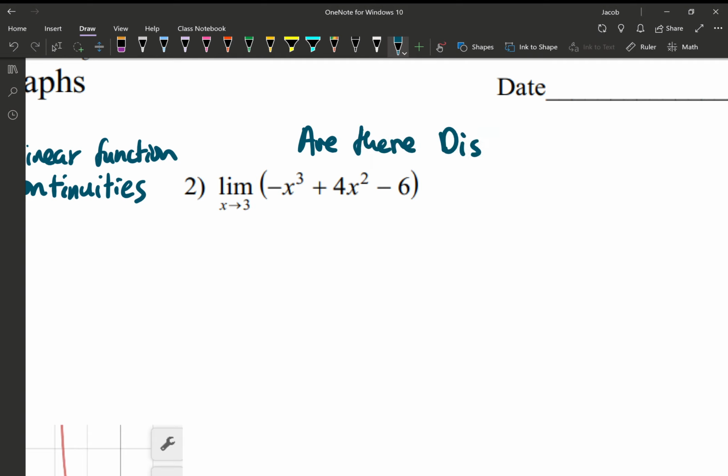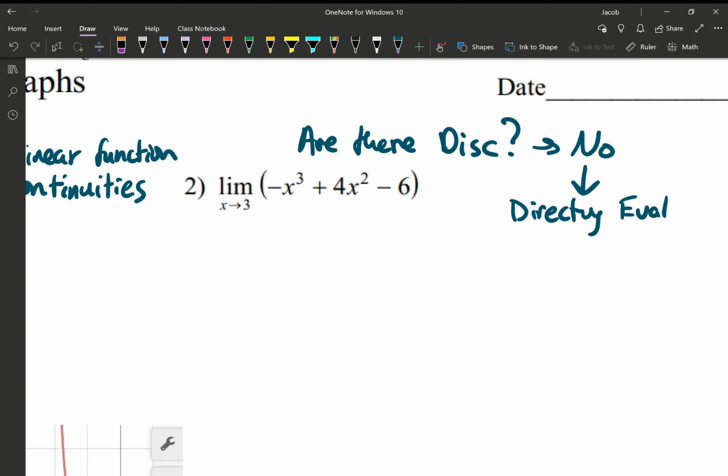If there aren't, then we need to directly evaluate. There's nothing special we have to do. So we'll just pop in 3 into this function because that's where all our y values are going at 3. And this is going to be equal to 3.